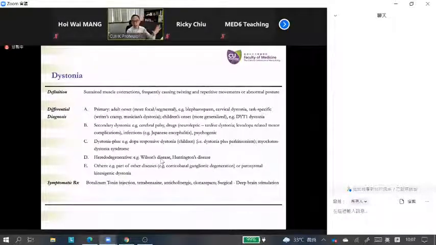So this is more adult onset. Children is more generalized. It can be DYT1, a genetic mutation causing a generalized primary dystonia. Usually for primary dystonia, if you perform an MRI brain, it is completely normal, okay?